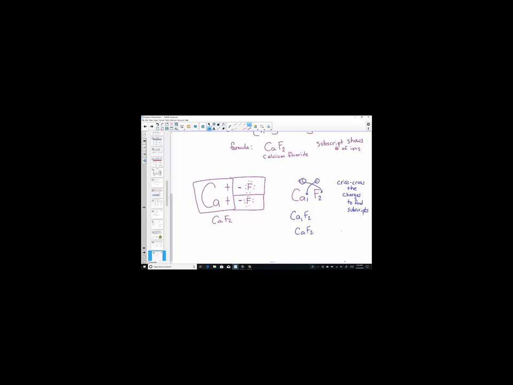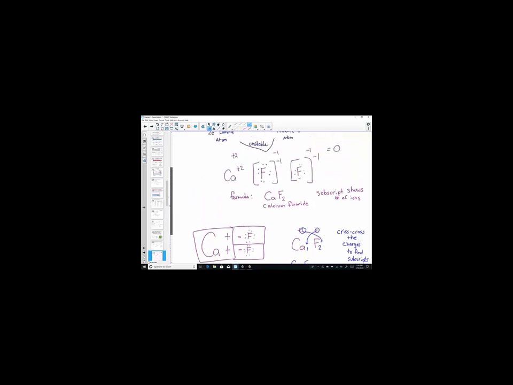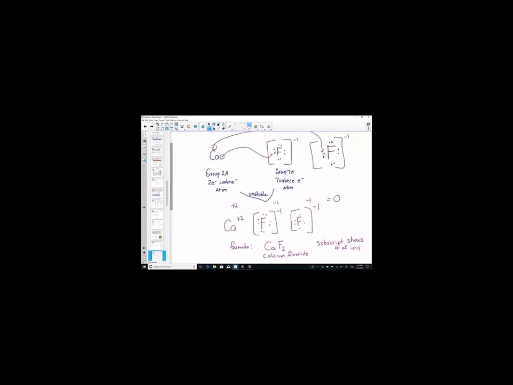CaF2, the crisscross method. CaF2, little trick of puzzle pieces with magnitudes of charge. And using the Lewis dot structures, we determined how 1 unit of +2 requires 2 units of a -1 to create an electrically neutral compound. We just discussed ionic bonding for the formula of calcium fluoride.